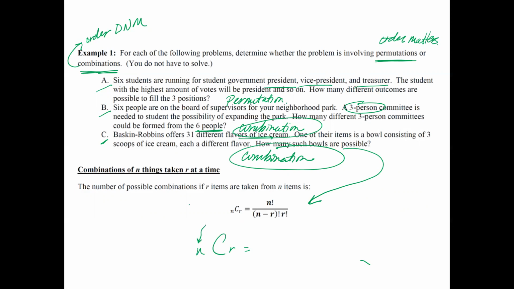And remember, n is always going to be the bigger number, and r is always going to be the smaller number, which is going to be equal to n factorial over n minus r factorial times r factorial.